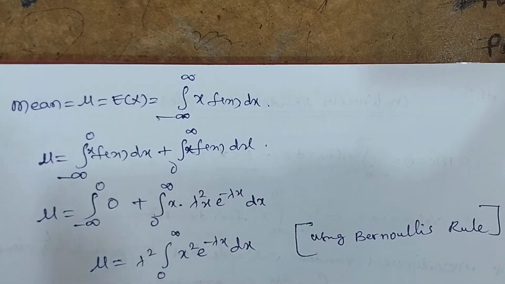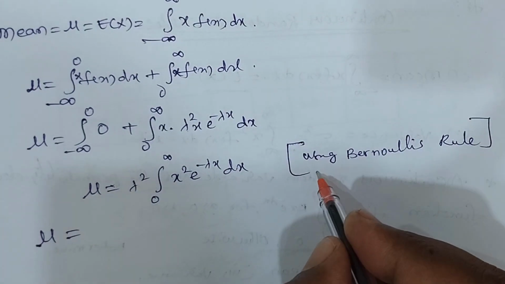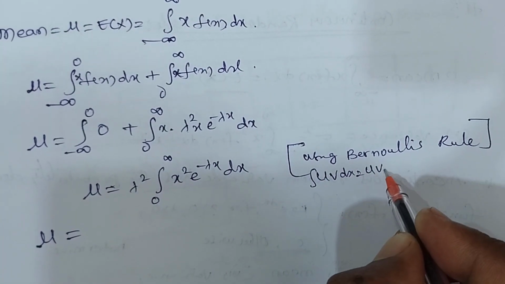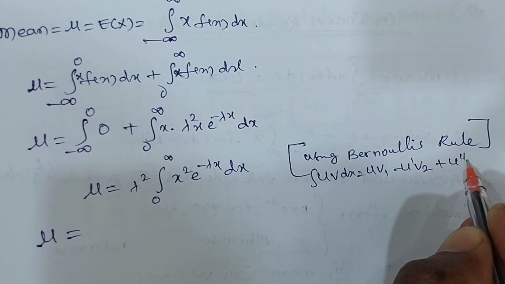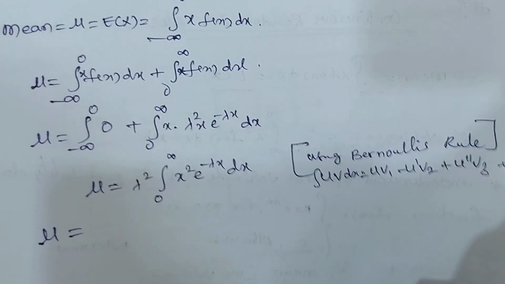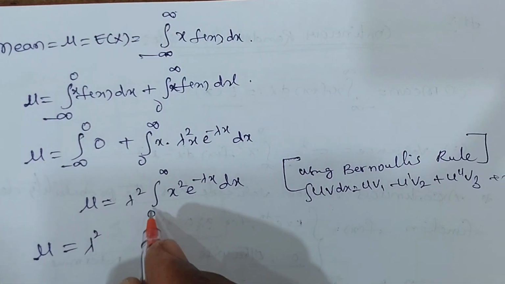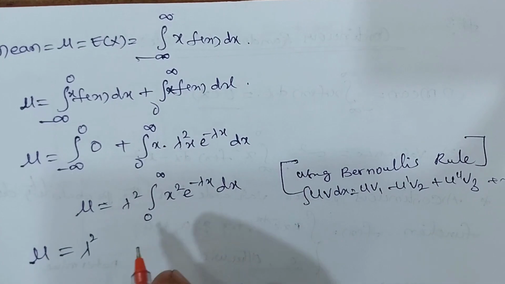So therefore mu is equal to... Bernoulli's rule means the integration of uv dx is equal to u into v1 minus u dash into v2 plus u double dash into v3, and so on. So first, the integration of 0 to infinity x square e power minus lambda x.